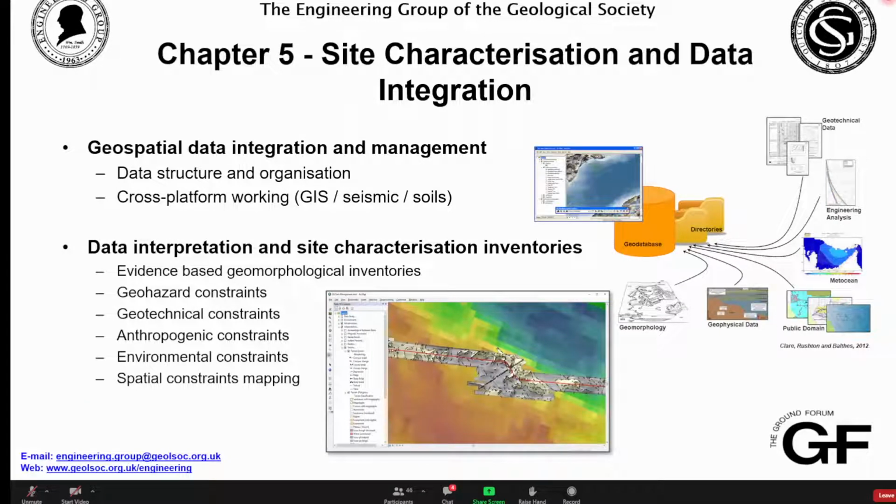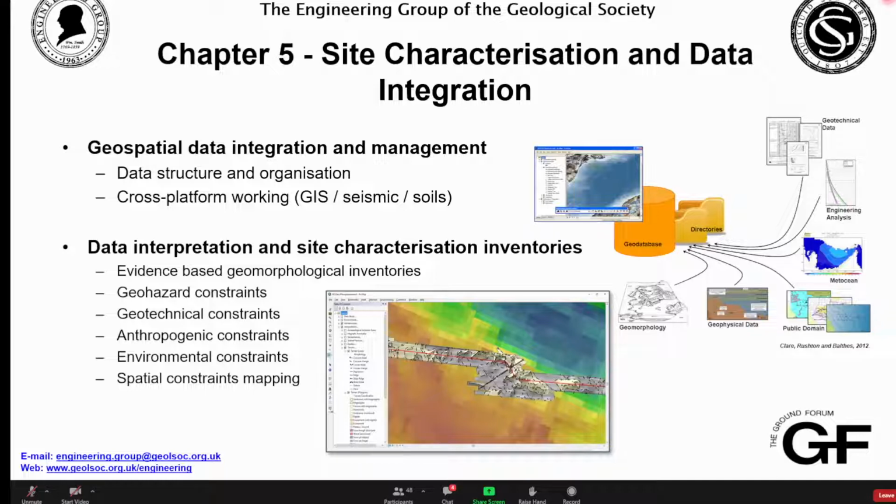So one key aspect of this is a recognition that we're typically dealing with a huge amount of geospatial data, often lots of individual sampling points, but typically for offshore developments, we're dealing with a lot of remote sense data. So this is bathymetry data, backscatter data, subsurface geophysical data. How do we put that together? Well, discussing different approaches that exist, but largely how you use geographic information systems, and some of the challenges and opportunities in cross-platform working.